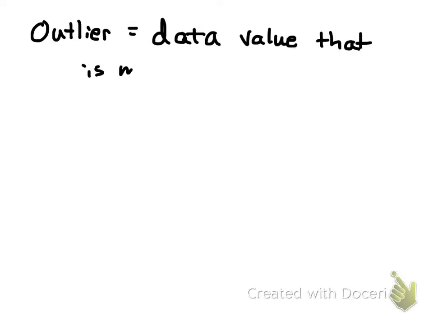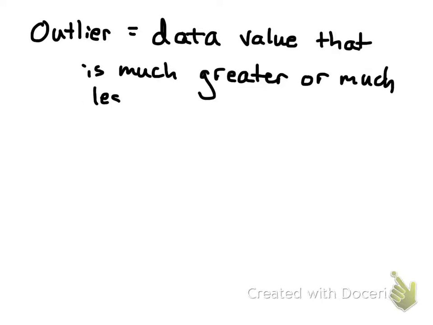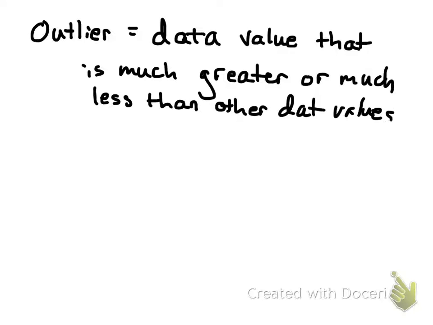It's much greater or much less. And the problem with outliers is that they can really affect or throw off the average, or the mean, of the data.